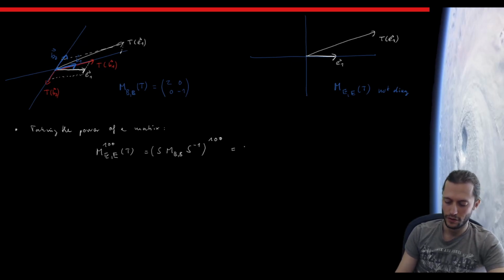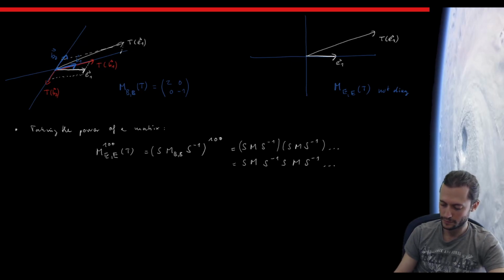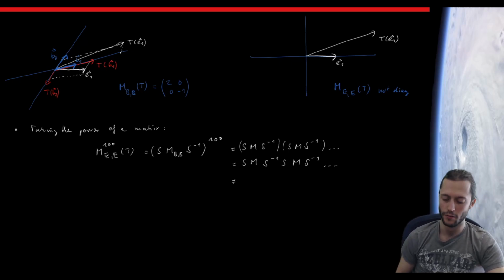Now let's do the right side. This is S, M, S minus 1 times S, M, S minus 1, and so on, equaling, you can leave out the brackets, S, M, S minus 1, S, M, S minus 1. And now there's a pattern in here which we can use. S M stays the same, but this one is the unit matrix.